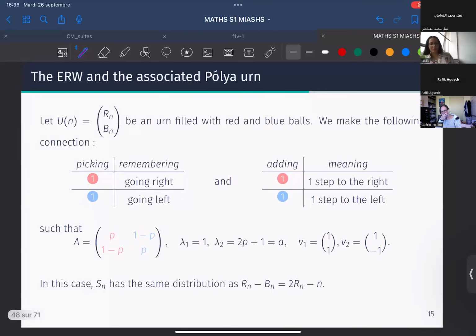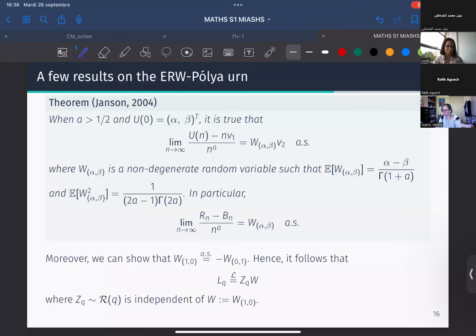Okay, so to study the limit random variable of the elephant random walk, we use that in the paper I was talking about, Janssen showed that the Polya urn minus one of its n times one of its eigenvectors, properly normalized, and once again we find the n to the power a, converges to a random variable times the second eigenvector.